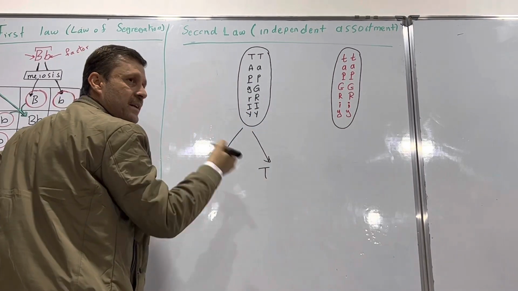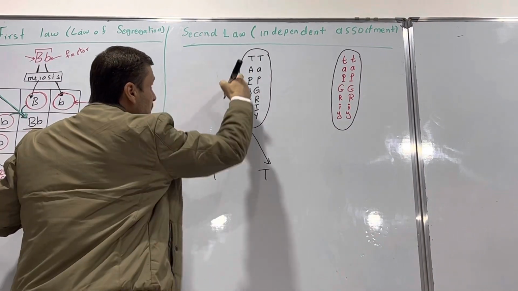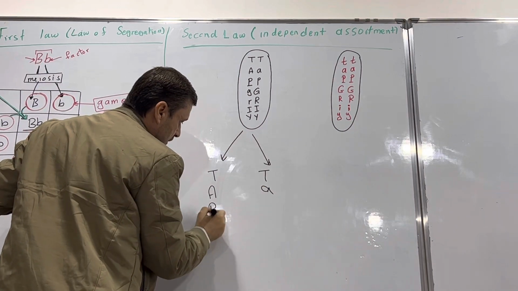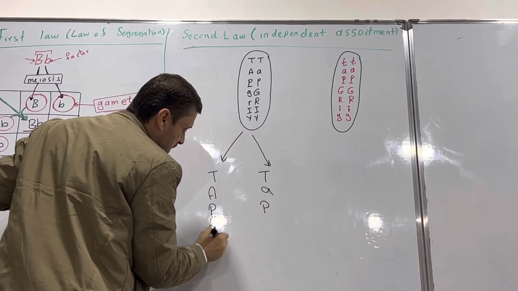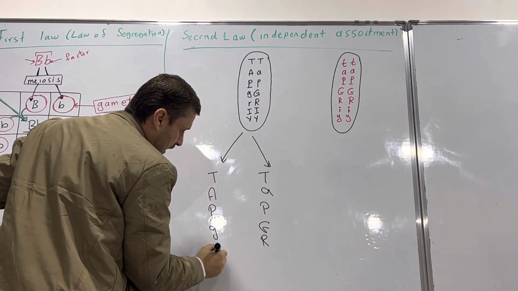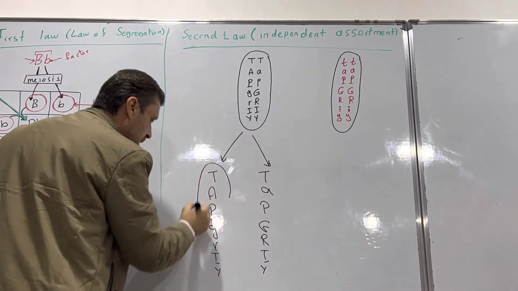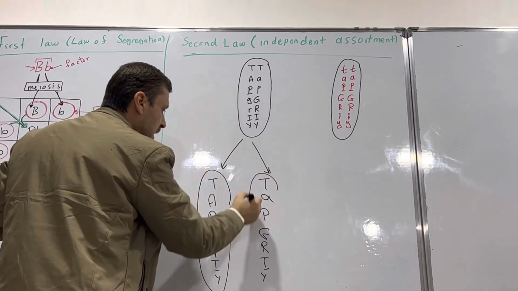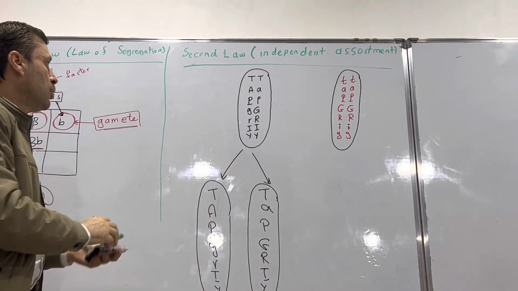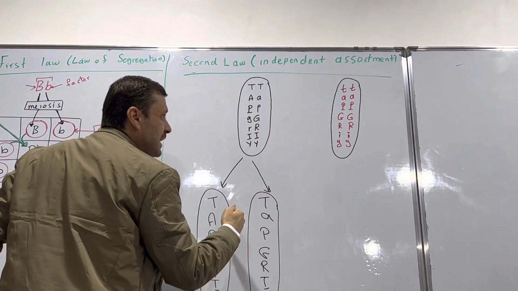There is no relation between them, just like this: capital, B small, G small, G capital, R small, R capital, Y capital. This is one gamete, and this is another one. And you have two types of gametes. The factors separate from each other independently.